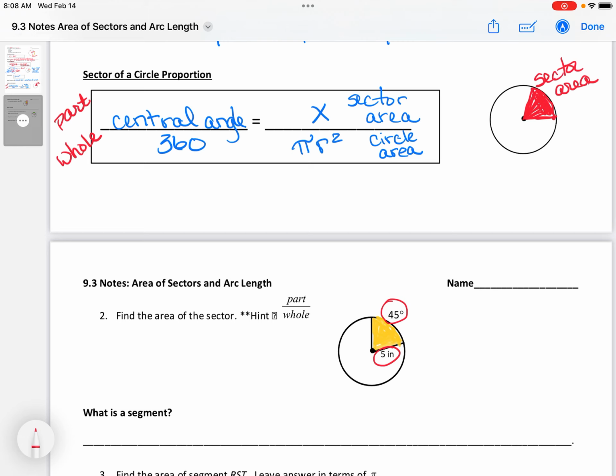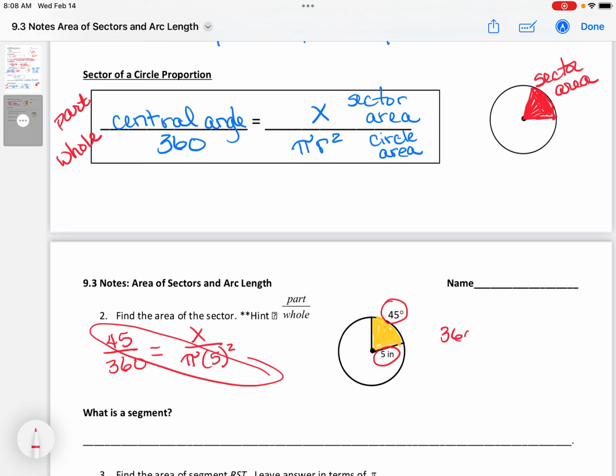So I'm going to have 45 over 360 equals x, our sector area, over pi times 5 squared. I'm going to multiply 25, that's 5 squared, times 45.